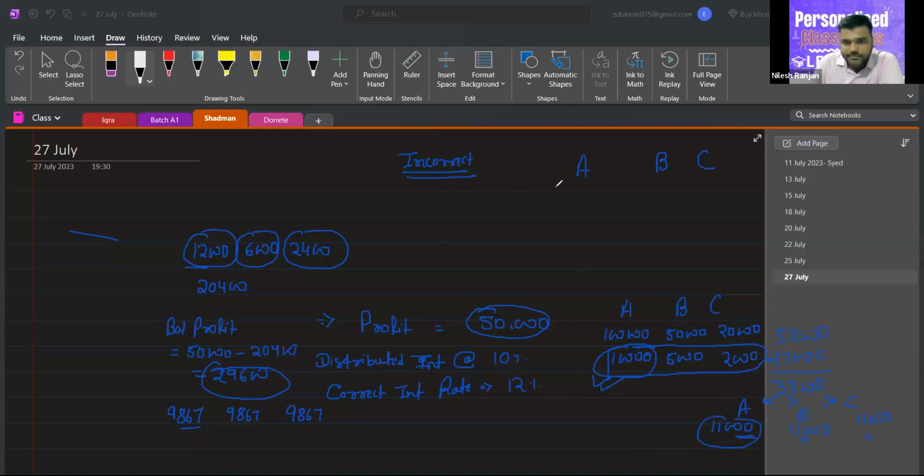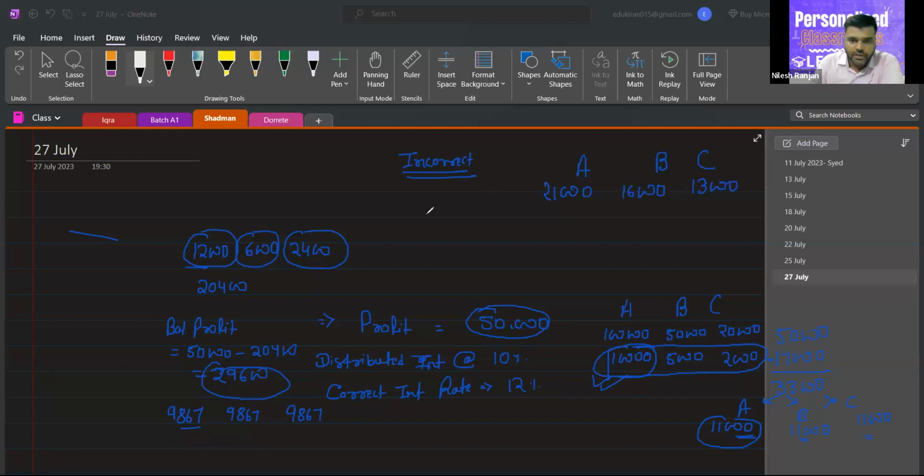So A was getting 21,000. 10,000 interest and 11,000 of profit. Now B, 5,000 interest and 11,000 profit. B was getting 16,000. And C, 2,000 and 11,000, 13,000. So total is 50,000.